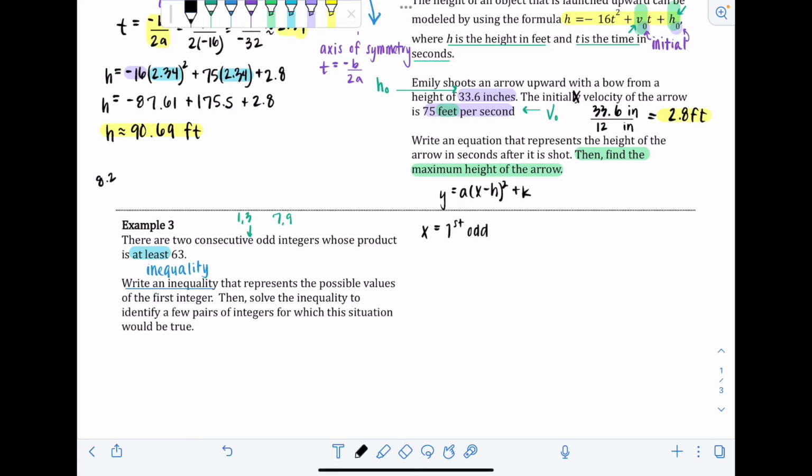And then to get to my second odd, if you look at these couple of pairs of consecutive odd integers, say 13 and 15, there's a difference of 2 between them. If I have 1, I have to add 2 to get to 3, or 7 plus 2 is 9, or 13 plus 2 is 15. So to write my second odd, I would make it x plus 2, because the difference between any 2 consecutive odd numbers is 2.